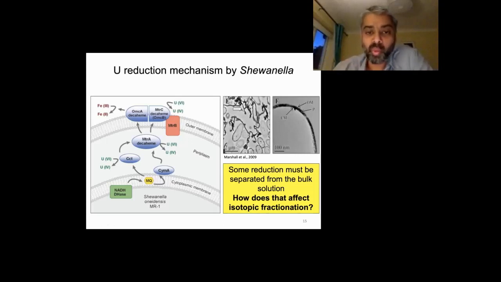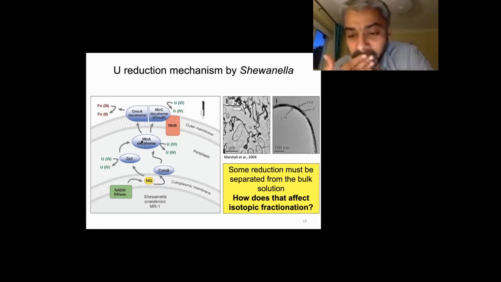Now, we are sampling from here, and this is the bulk solution where uranium-6 is dissolved. The reaction is happening on the cell surface or inside the cell membrane. So there is a separation between the bulk solution and where the reaction is happening.